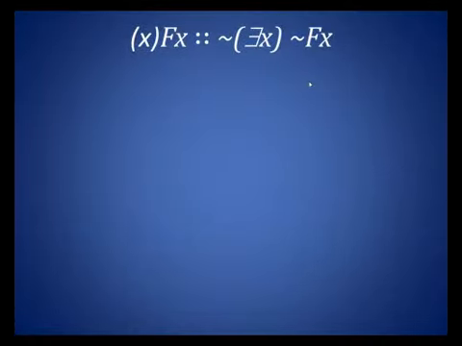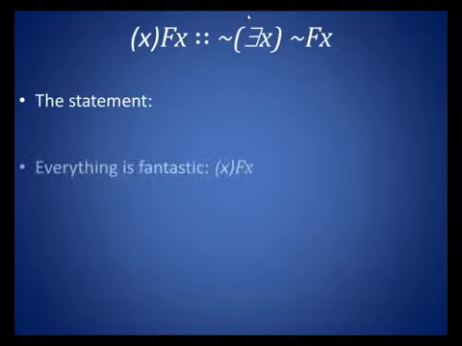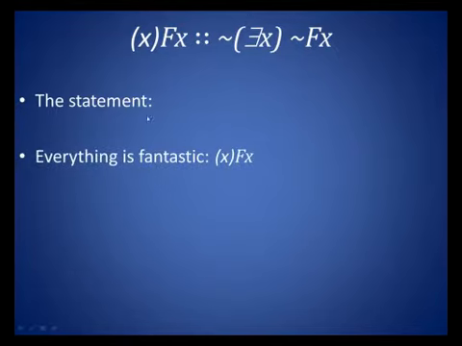First things first. For all x, Fx is logically equivalent to it is not the case that there exists an x that is not Fx. So let's look at the statement. Everything is fantastic. So let's make the F stand for fantastic.